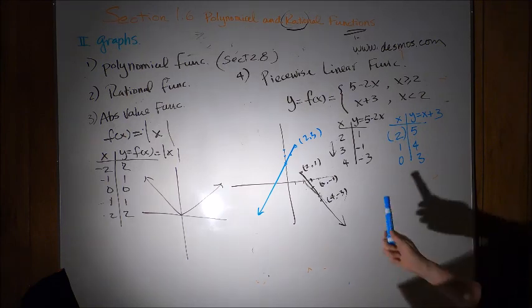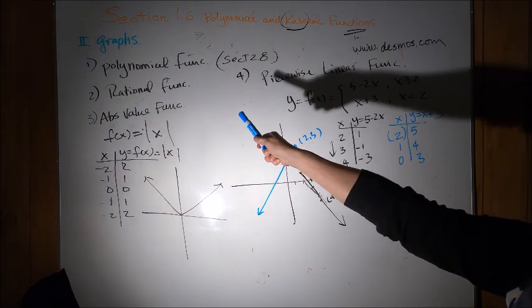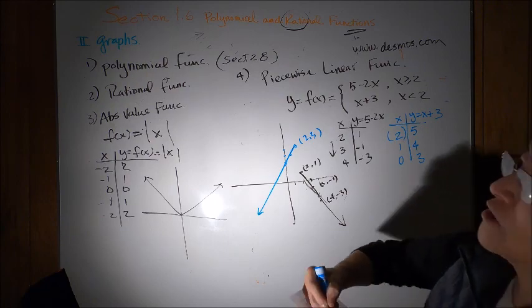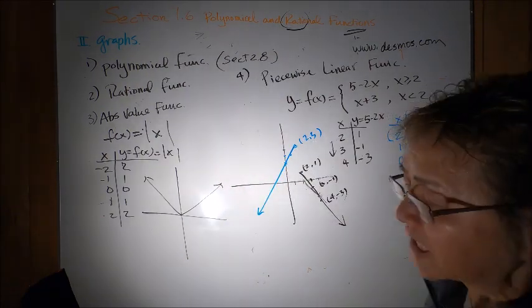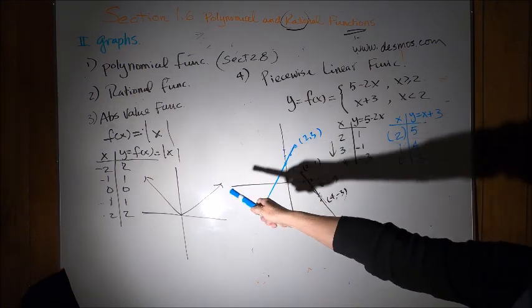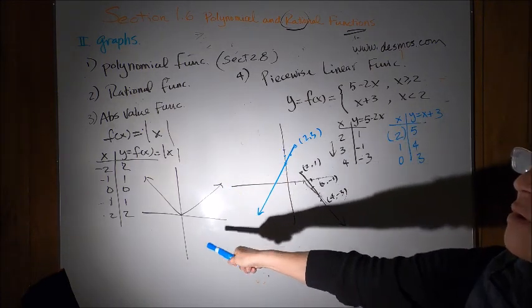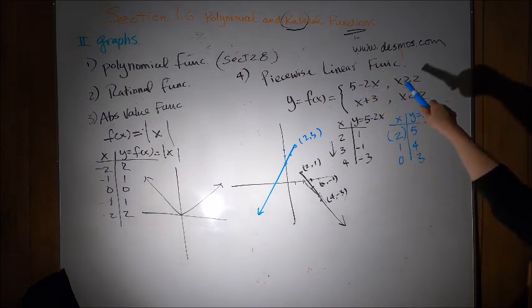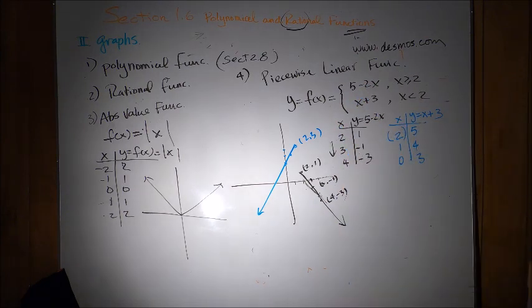So we learned the basic one, what the rational functions are. They are fractions. You need to use calculators or a website to do it. But absolute value functions you can do by hand, and piecewise linear functions, if it's linear, you should be able to do by hand.